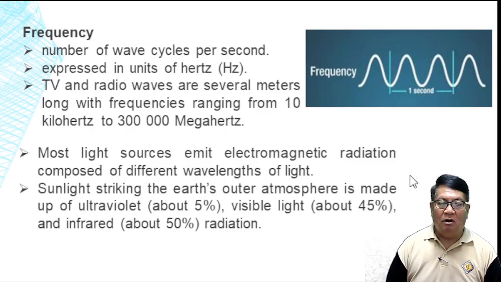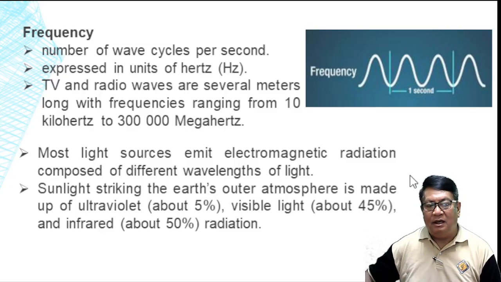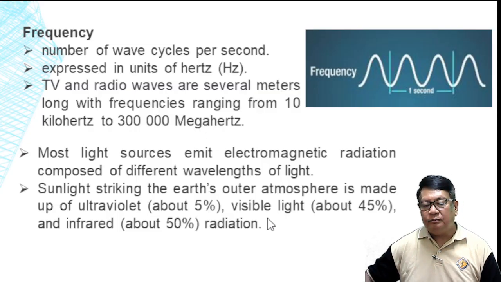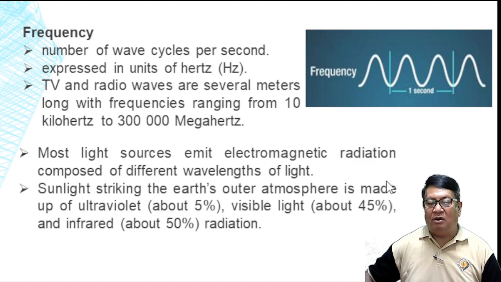For AM, amplitude modulation, it is in kilohertz, and for FM, frequency modulation, it is in megahertz. Most light sources emit electromagnetic radiation composed of different wavelengths of light.